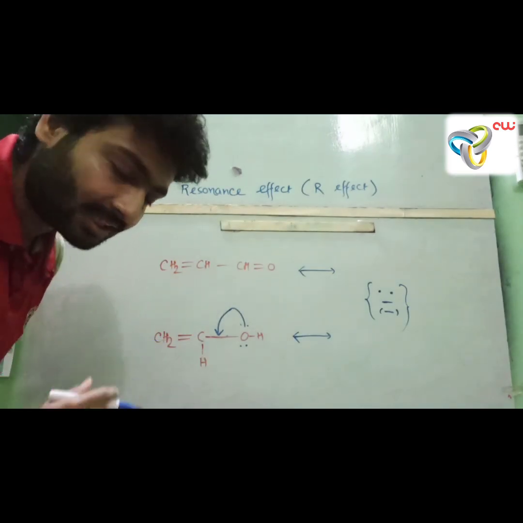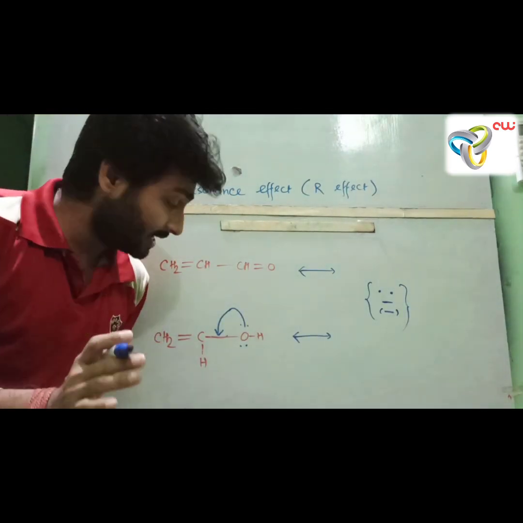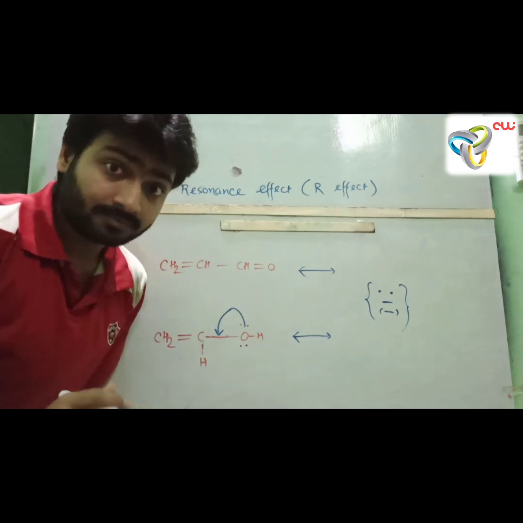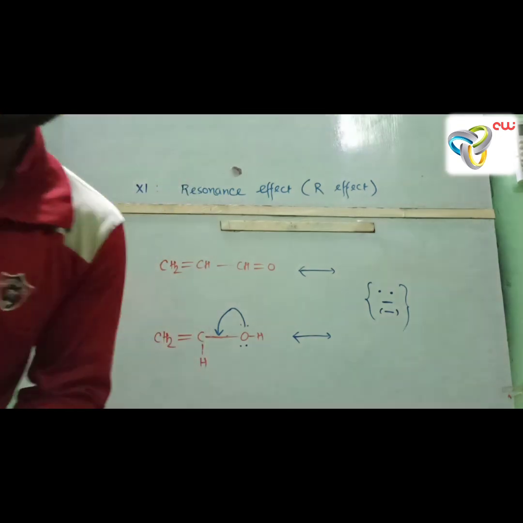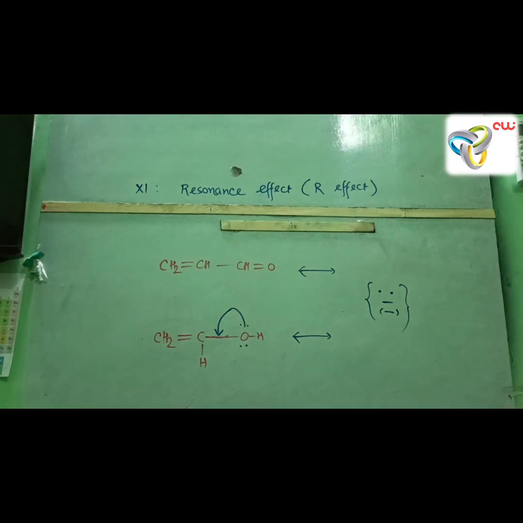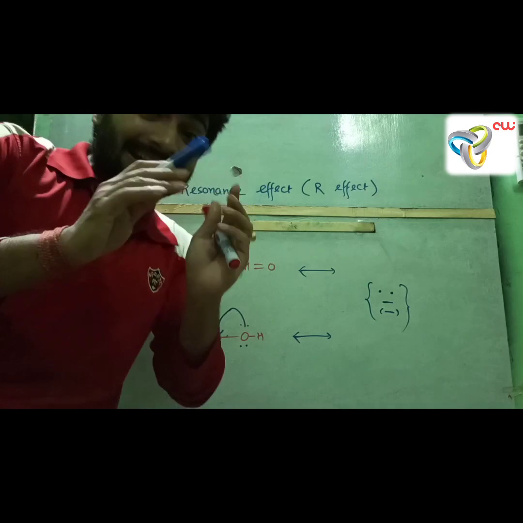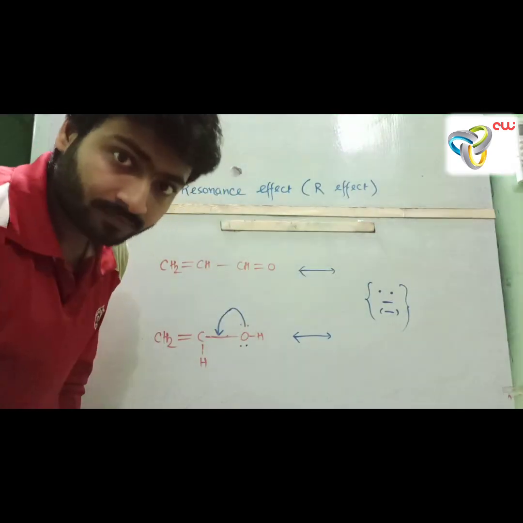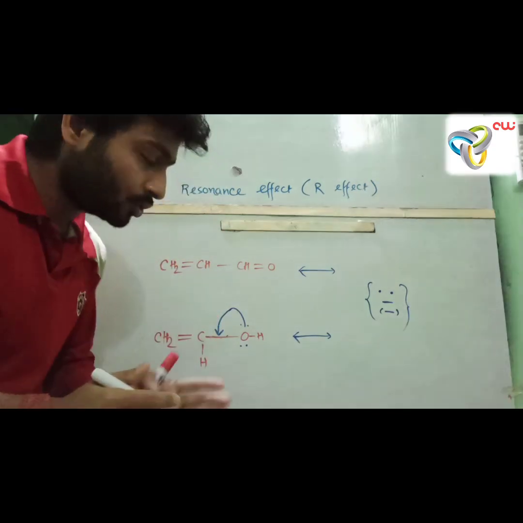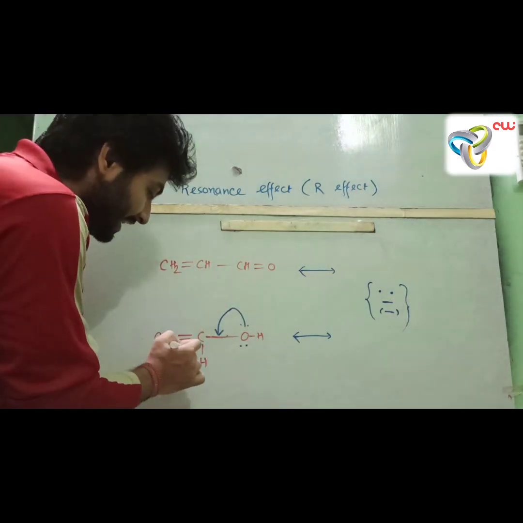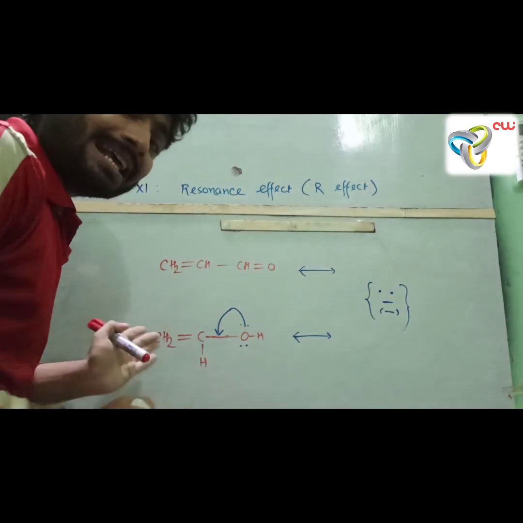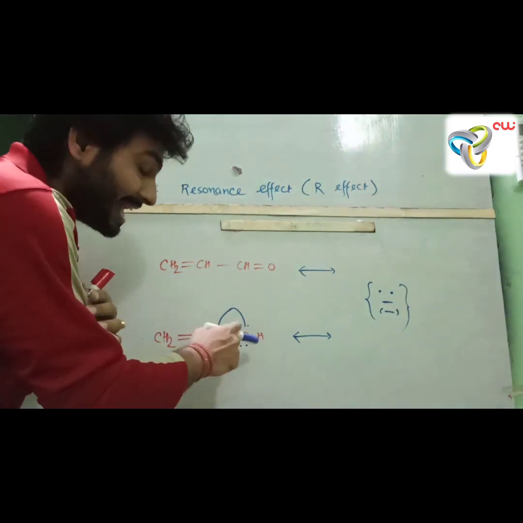That's not a good sign. You can't make bonds around the carbon atom greater than 4. You can't exceed. We can't exceed the valency of carbon beyond 4. So what do we have to do? We have to shift this electron density, this pi electron density, to another side to compensate for this effect.